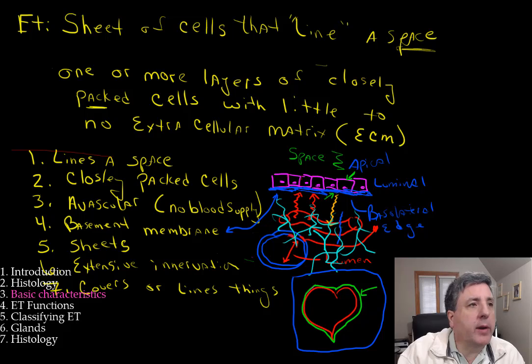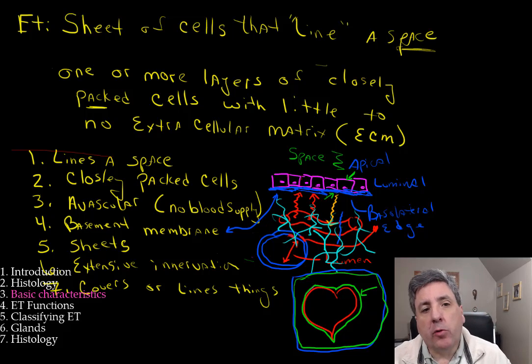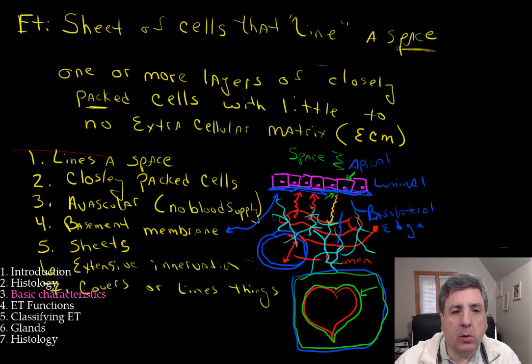And we are going to have tissue that lines the cavity. So we're going to have a tissue that lines out here. Okay, so that tissue is also lining a cavity. So this is epithelial tissue.